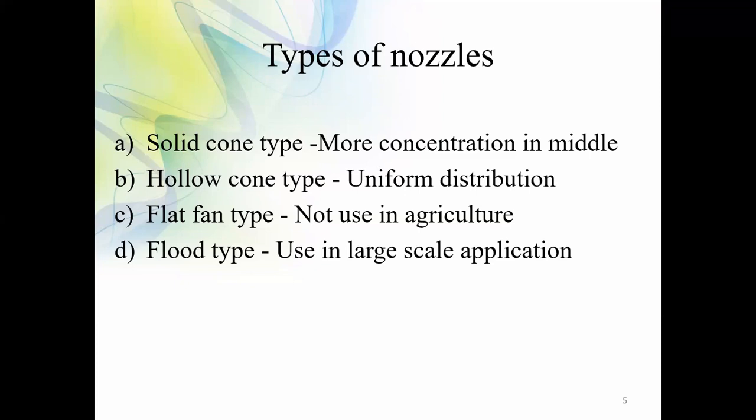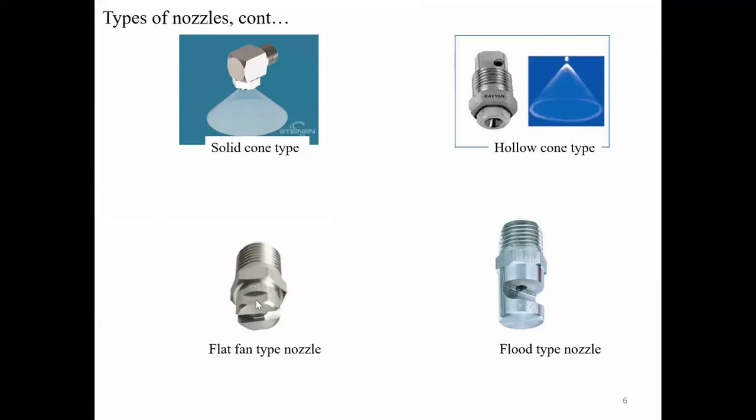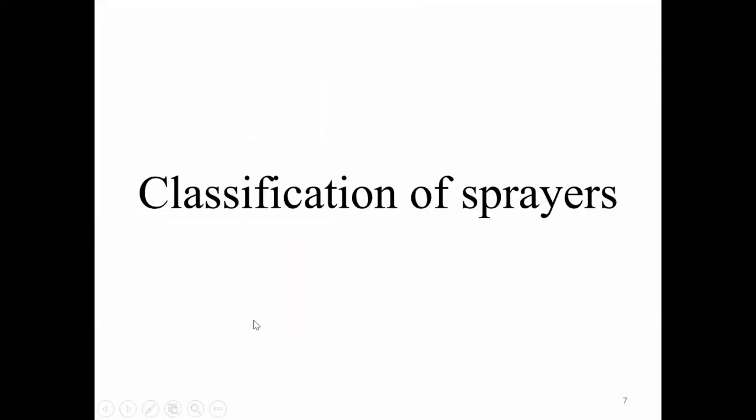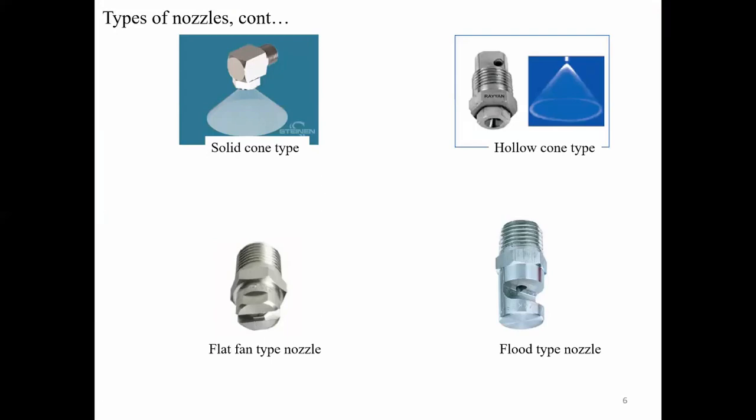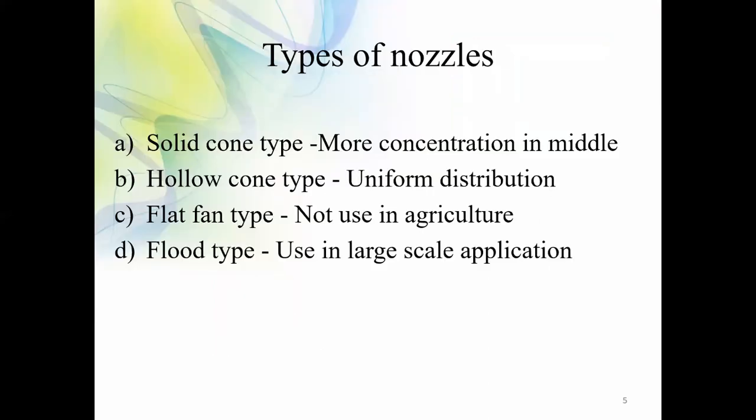To eradicate those weeds, we want to apply weedicide. In that circumstance, we use the flat fan type nozzles, because these nozzles are highly uniform, and I think you can see here this one, the flat fan type nozzle. The application is highly uniform and it can cover a vast area. So in those circumstances, we use the flat fan type nozzle.